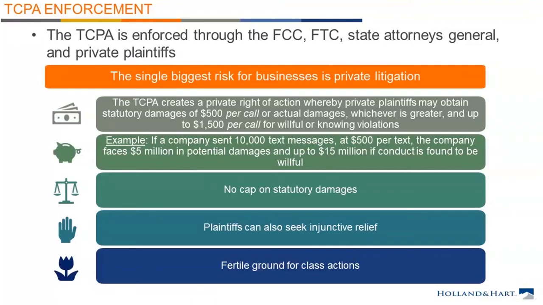The TCPA creates a private right of action where private plaintiffs, consumers, may obtain statutory damages of $500 per call, or actual damages, whichever is greater, and up to $1,500 per call if the call is found to be willful or knowing in violating the TCPA.